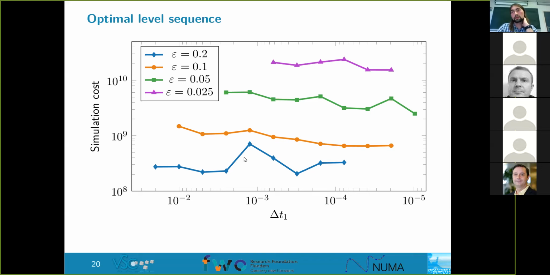Because the variance is poorly estimated, the number of samples we require at the fine levels is also poorly estimated, meaning that we can easily perform too many samples at these fine levels, where also the most expensive samples take place, meaning that we do a lot of extra work which isn't necessary. So this peak you see here is more an artifact of applying classical multi-level strategies for estimating how many samples we need than anything else. But I guess the key conclusion from this graph is what I already mentioned: we don't need to over-optimize. We just need to make sure we're in the right ballpark in terms of level strategies.